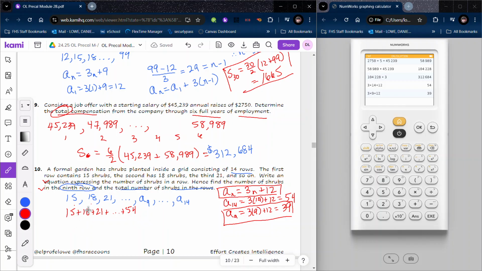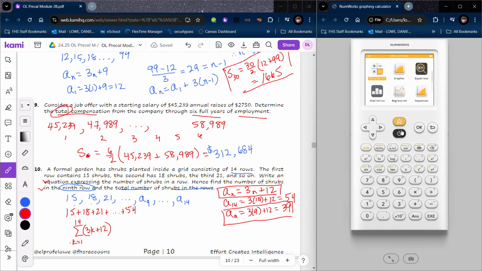How can I do it? One way is to write this using summation notation. And I could say the sum from k equals 1 to 14 because I have 14 rows. And my formula is 3k plus 12. And I want to make sure that my counter matches.